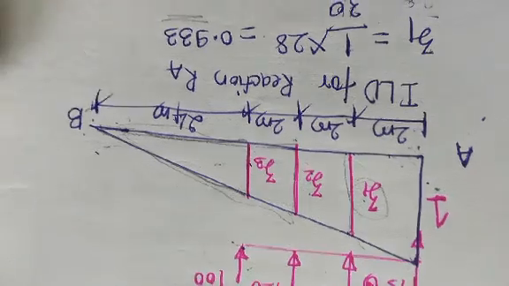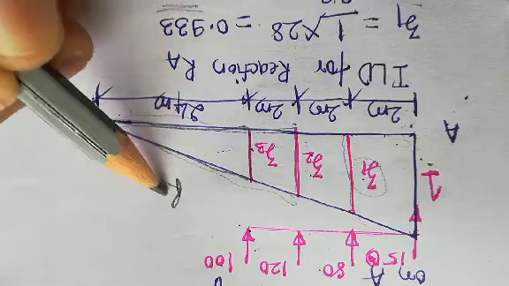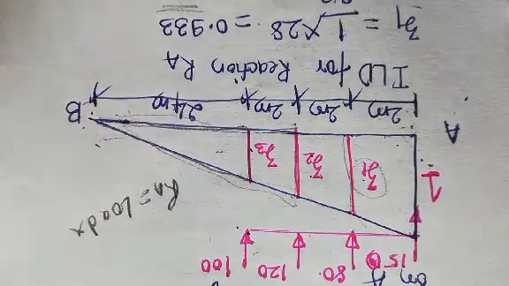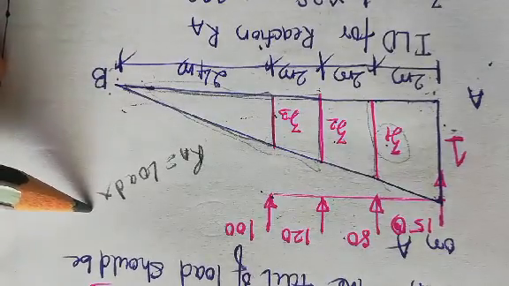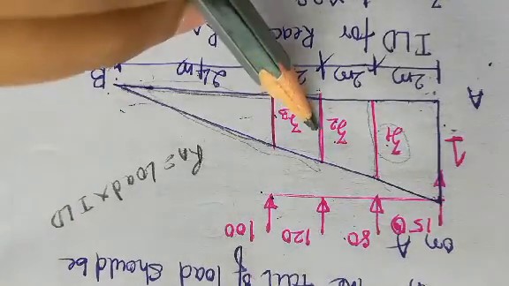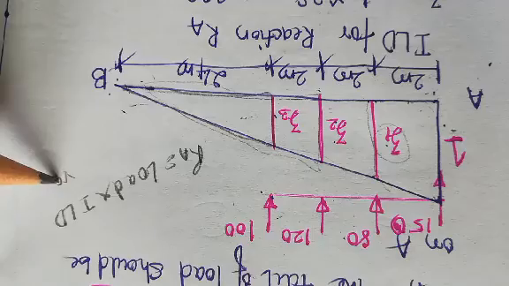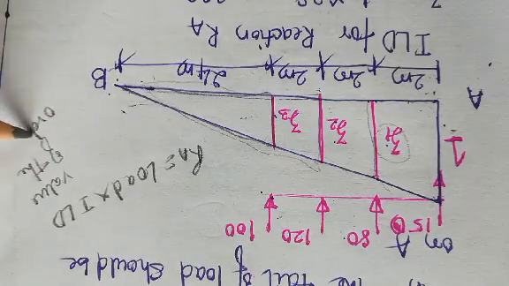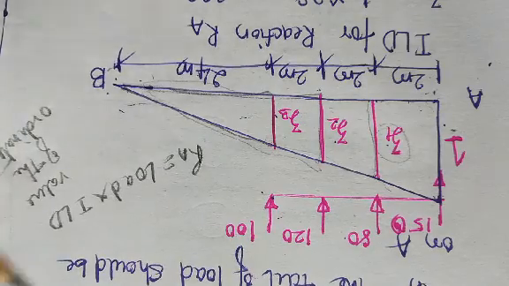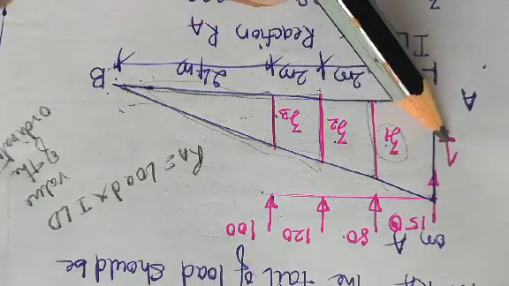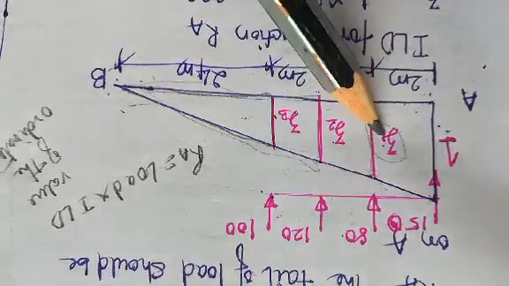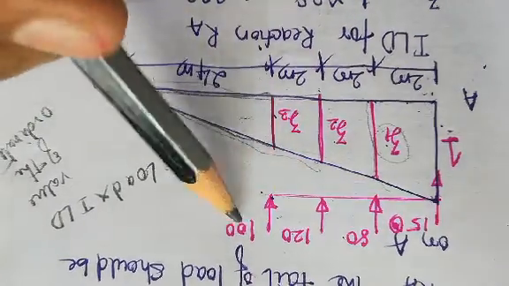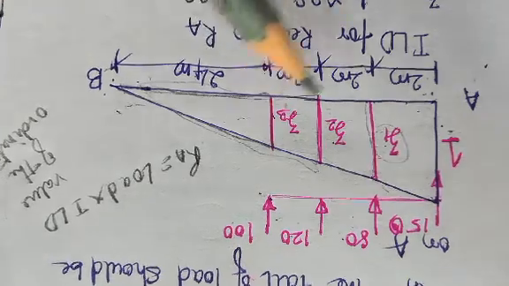How to calculate reaction RA? Reaction RA is given by load multiplied by the ILD ordinate value, that is load times ordinate plus load times ordinate, and so on for each load.